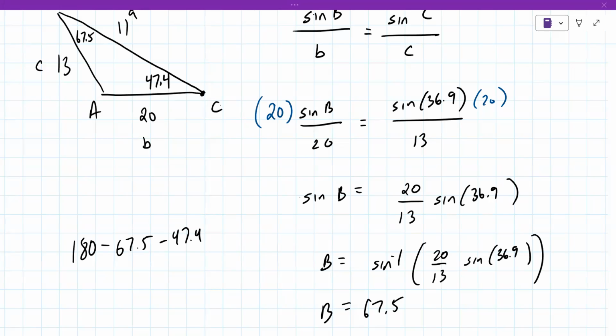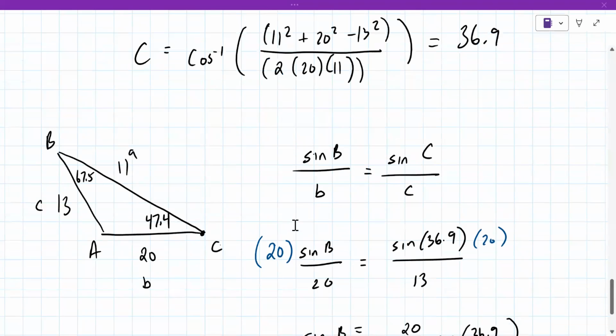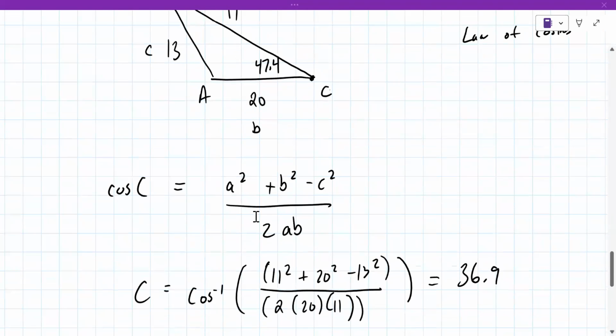Our answers, though, are very different than what they have. Really? This is not good. So I feel like it all came back to trying to use this formula here. I don't know why it wouldn't be right.